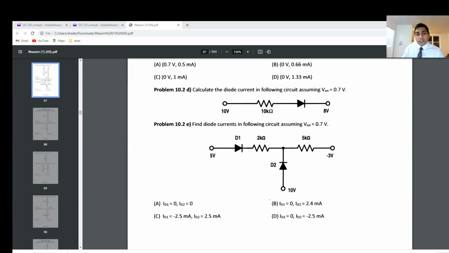So you're just focusing on this end, because this one is not working, right? You do not have to focus on the other end. So 10 minus 0.7, subtract it from 3, divide by 5, and that would give you the current across this one. Okay, that's how you calculate the current, and that's how you basically figure out the current.